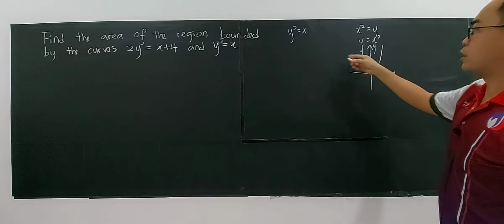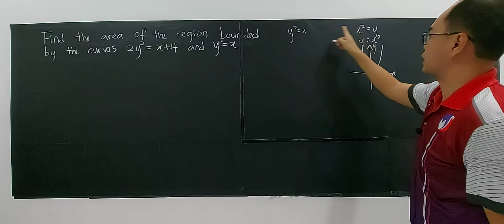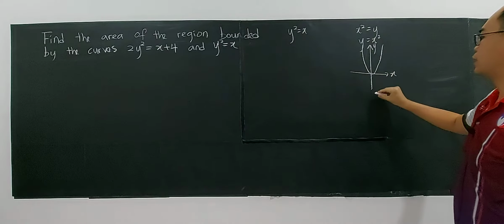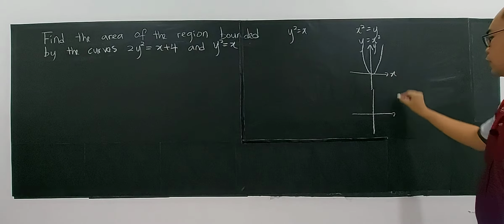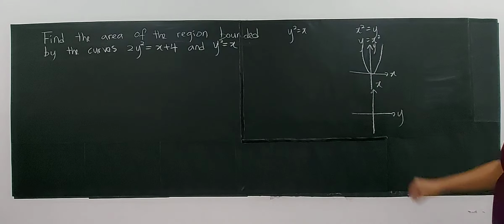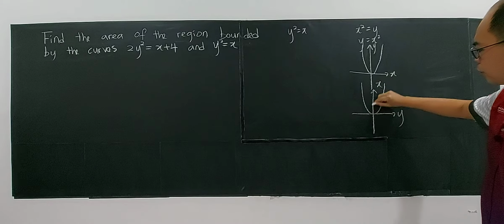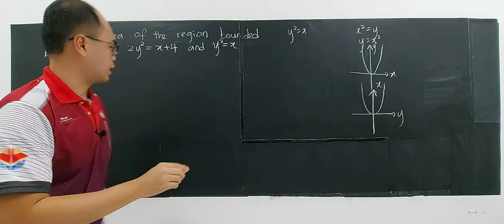But now, if you have changed, meaning you have transformed x to become y squared, the x becomes y, definitely the x-axis is now no longer x, it is the y-axis, and this will become your x-axis, right? So they were facing, can you see that? The arrow, they're facing there. So you see how I sketch here.